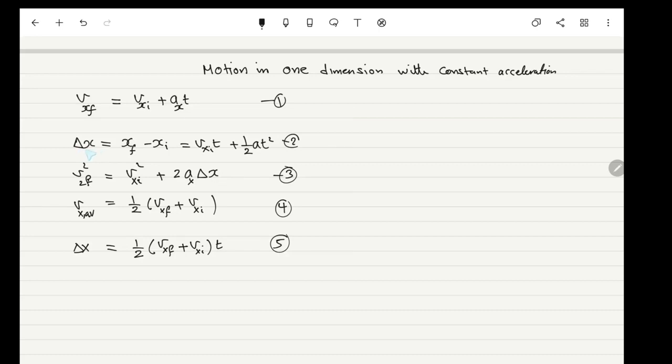Now delta x here is the displacement, which equal to x final, the final position, minus the initial position, which equal to Vx initial t plus half at square. The third equation here, it's Vx final square equal to Vx initial square plus 2ax delta x, and Vx average equal to half Vx final plus Vx initial, while delta x here is equal to half Vx final plus Vx initial, multiplied by time.